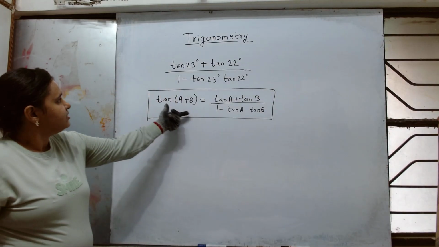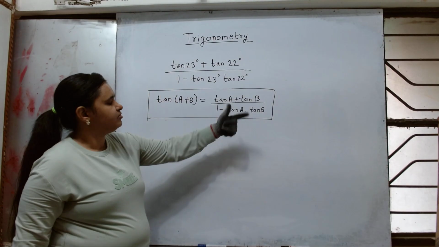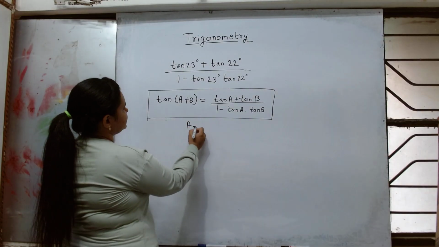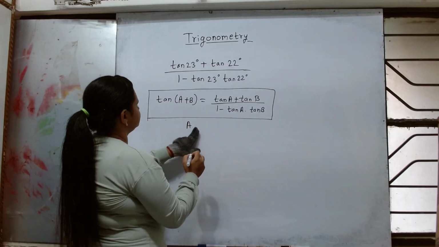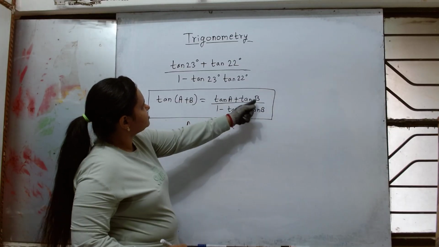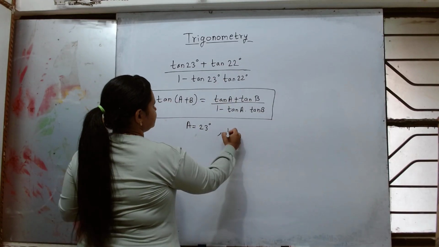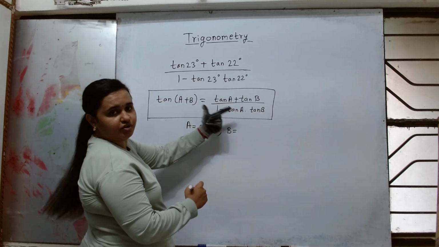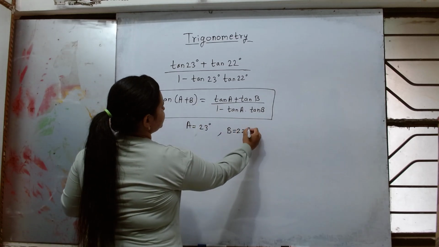Now see this, compare these two. A is equal to 23 degree and B is 22 degree. Compare both, the question and the formula.